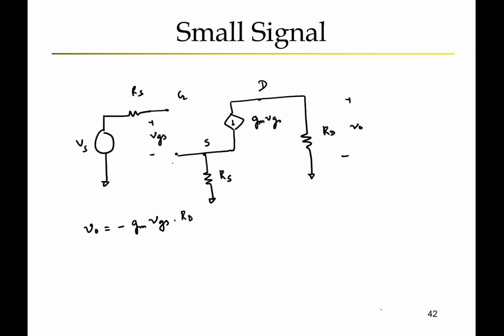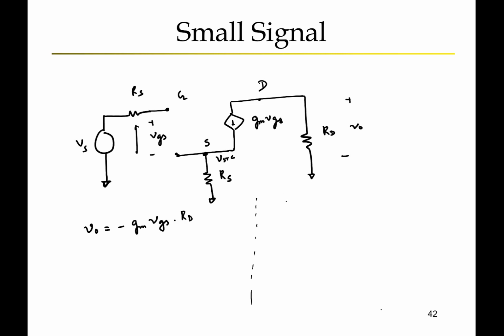Now note, in this case, VGS, which is the voltage across this, is not just equal to the gate voltage with respect to ground, but it also depends on the dependent current gm VGS flowing through the source, creating a voltage at the source. Let's call it VSRC. So let us try to calculate that part first.